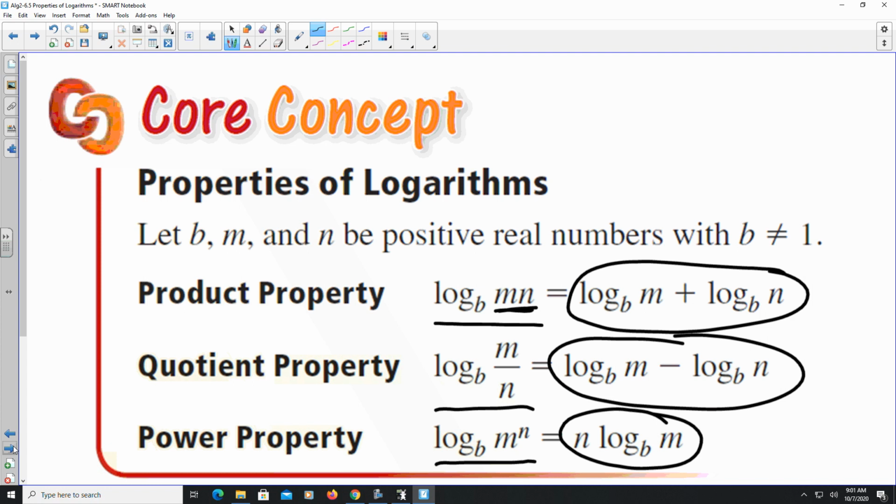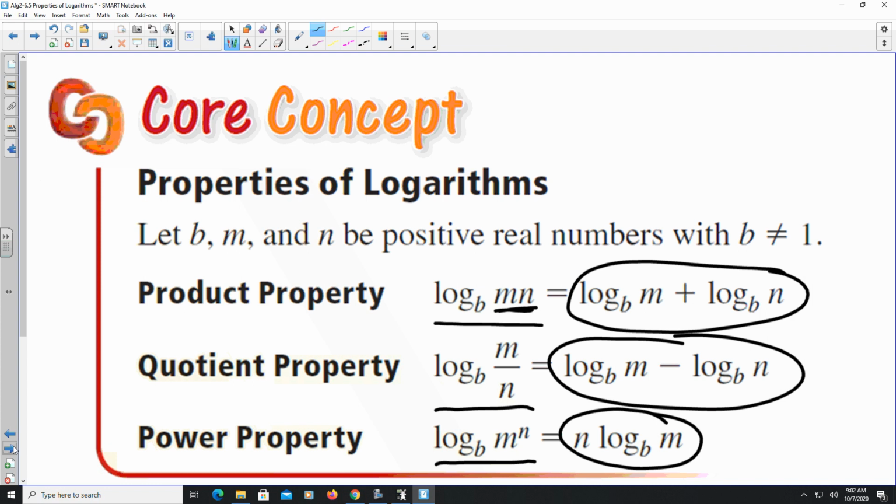So it would be log base b of m minus log base b of n. The final property is dealing with exponents. If I have log base b of m raised to the n power, I can move that exponent to the outside and say it is n times log base b of m.